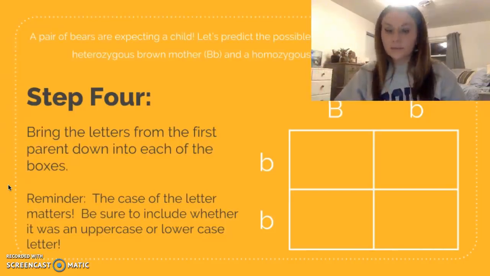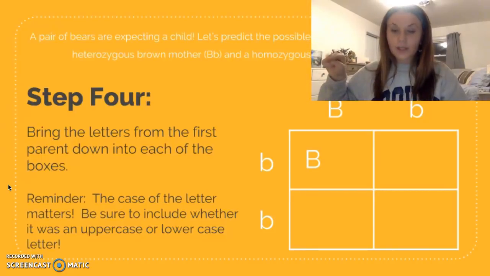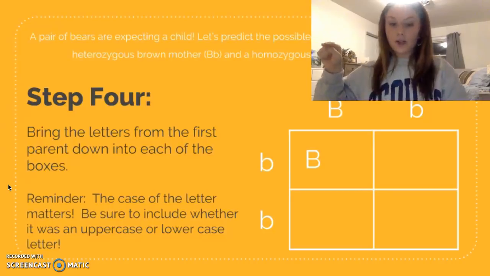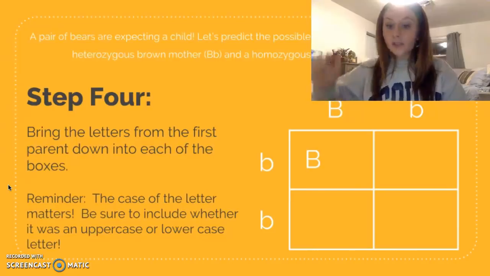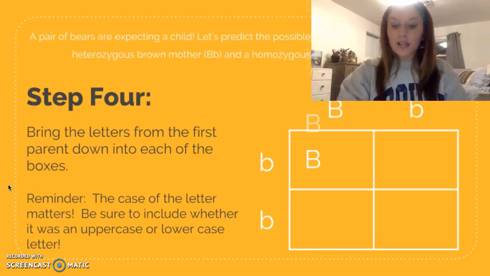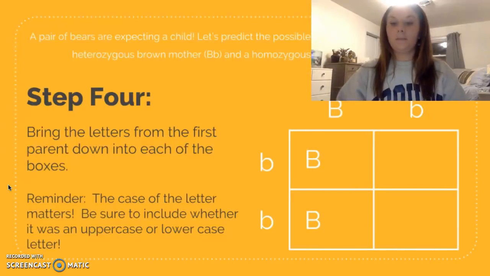So watch on the screen. We have the capital B. I'm taking that capital B and putting it into the first square on the top left. And then we still have an option to bring it down again into that bottom square.